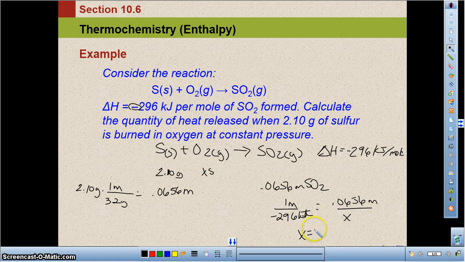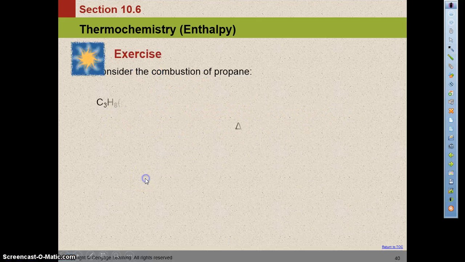So 296 times 0.0656, so x equals 19.42 kilojoules. And I'm going to put a negative sign here indicating it's still an exothermic reaction. Now you look at it and say, does this make sense? Well, it does make sense because if 1 whole mole is going to give off almost 300 kilojoules, then about 6/100ths of a mole should give off quite a bit less, which is 19.42 kilojoules.